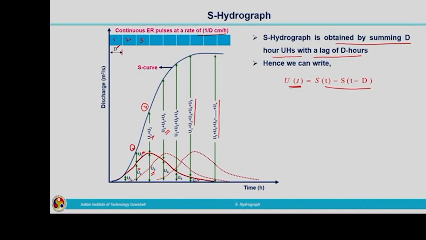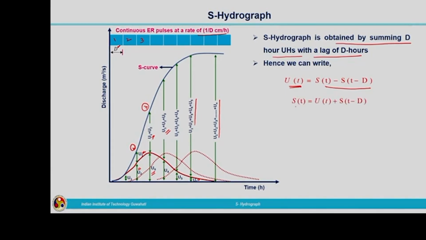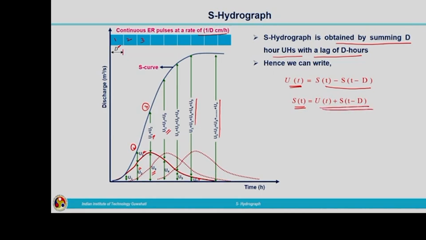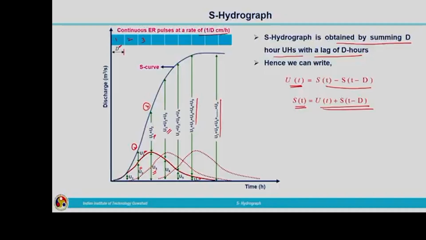So, you can write the unit hydrograph u of t as the difference between s of t and s of t minus D. So, s of t, the ordinate of the S-Hydrograph, can be written as u of t plus s of t minus D. u of t is the ordinate of the unit hydrograph and s of t minus D is the ordinate of the S-Hydrograph coming from a lag of Dr hours. This s of t minus D is called the S-curve addition.